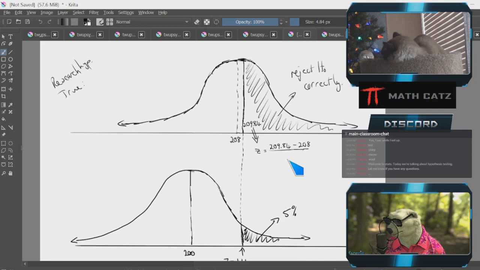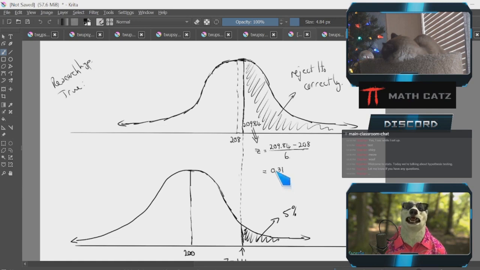And we will get 0.31. Because it's really close, right? It's just past this mean. So it makes sense that it's super small, 0.31 only.